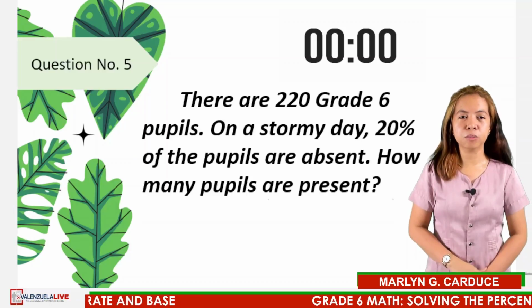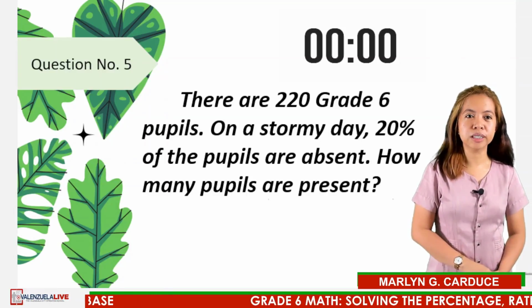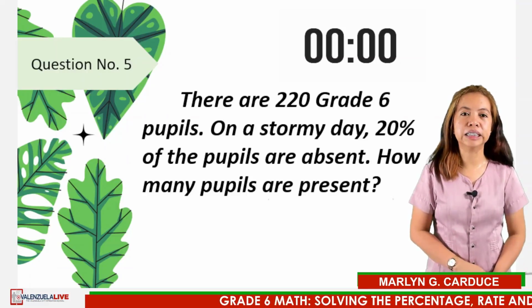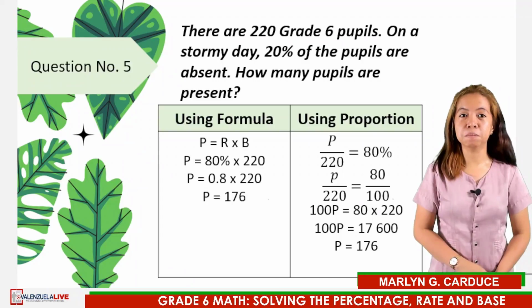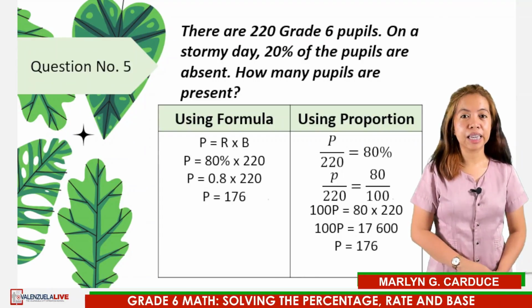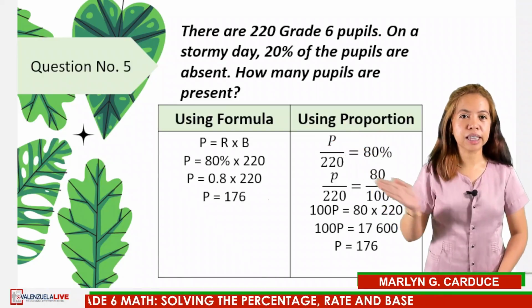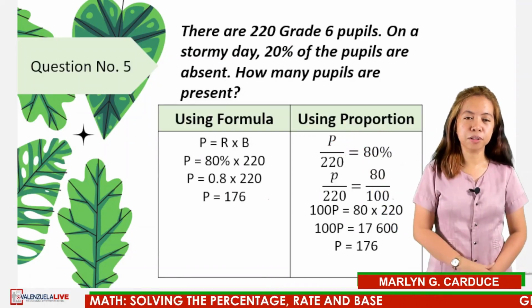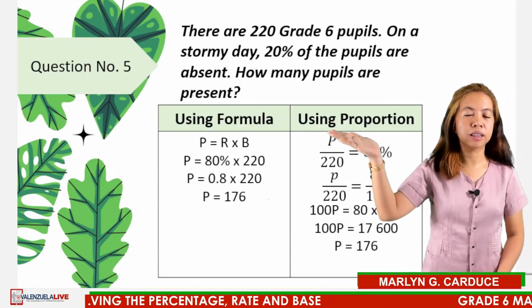So our rate will be 80%. To solve for the number of pupils who are present, we just have to multiply 220 by 80%. So again, we're looking for the percentage. To solve for the percentage, we can use two different ways.